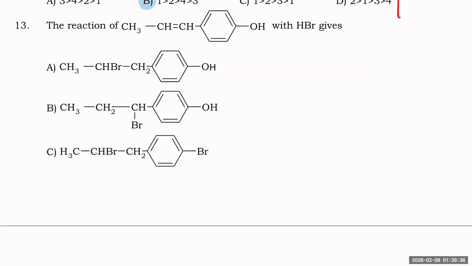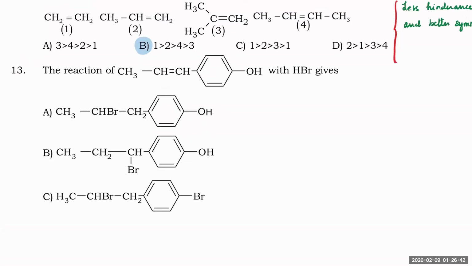Next, 15th. The reaction of this with HBr will give you what? Notice this carefully. HBr can go by Markovnikov addition, but this is symmetrical, correct? So you are wondering whether I should add H here and then Br here, or add H here and Br here, correct? So make a carbocation on both sides and check which one is better.